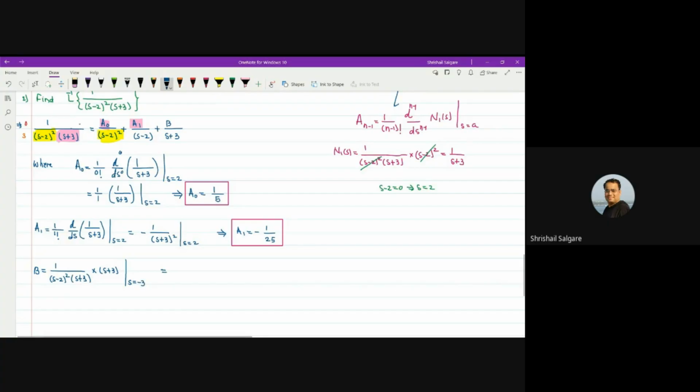Now here you can notice that this s plus 3 factor gets cancelled. And if you substitute s is equal to minus 3 in this term, minus 3 minus 2, what is the evaluation? Minus 5. Minus 5 square is 25. So b is given by 1 upon 25.